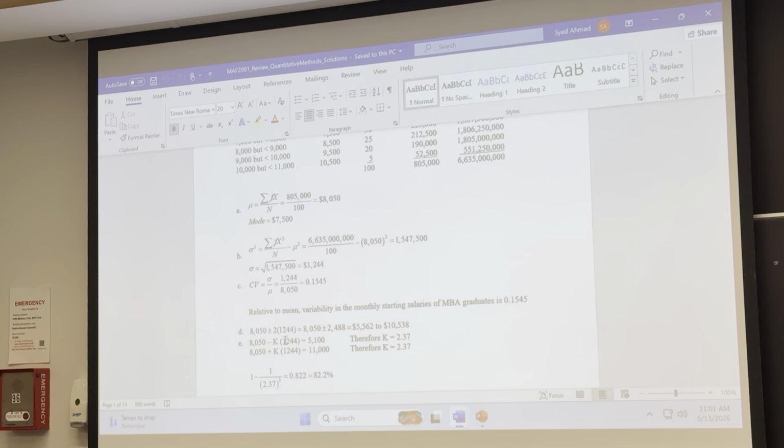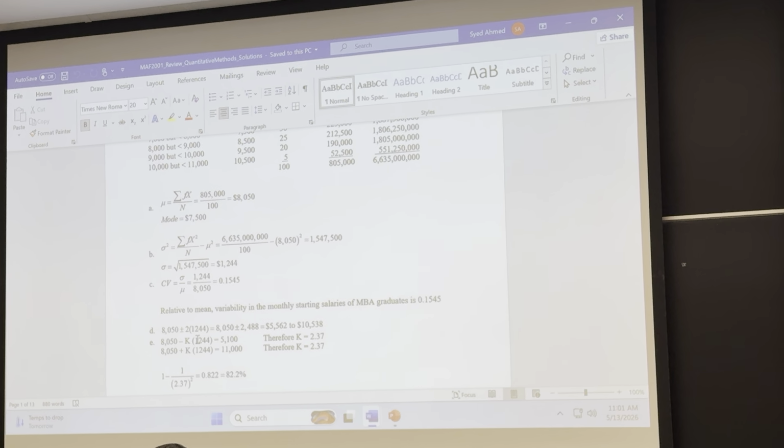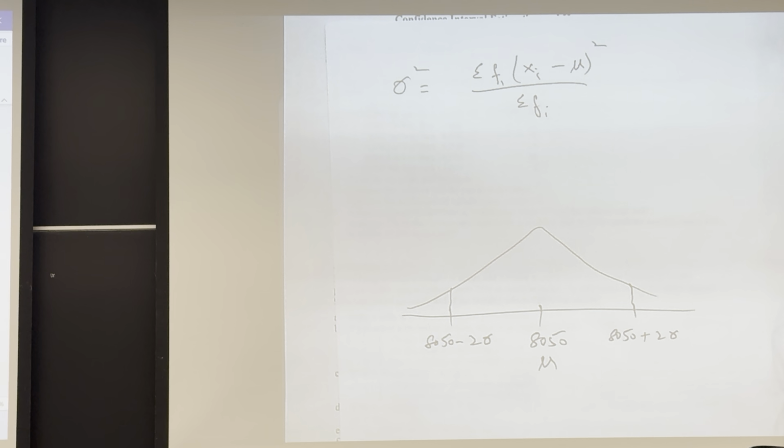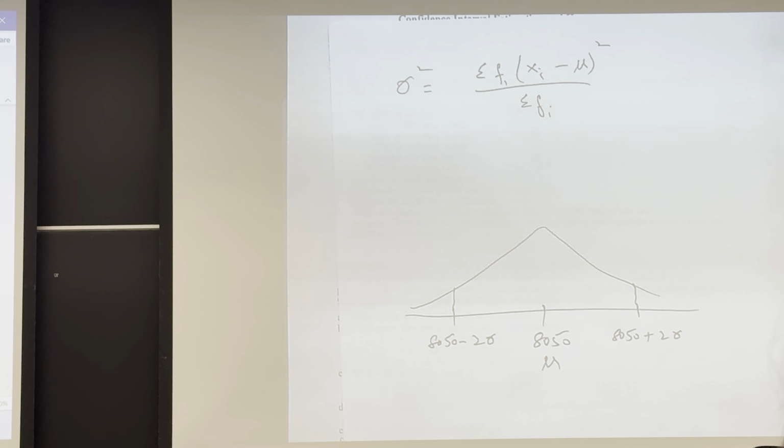I'm looking at these two limits. This is mean. And the answer is 5562 to 10,538. 95% of the graduates will be earning anywhere between 5562 to 10,538 per month.